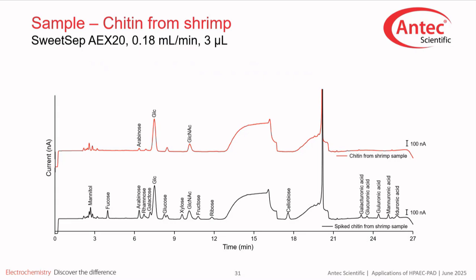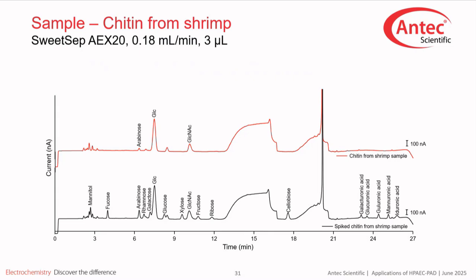Next, consider uronic acids. Their pKa is about 2, categorizing them as a strong acid. Thus, under high pH, they are completely deprotonated, demonstrating strong retention as shown in the chromatogram. Therefore, their elution requires a high concentration of sodium acetate or other pushing ions.